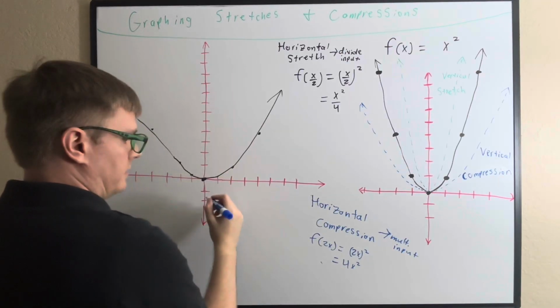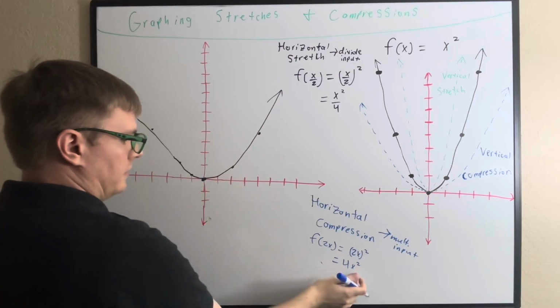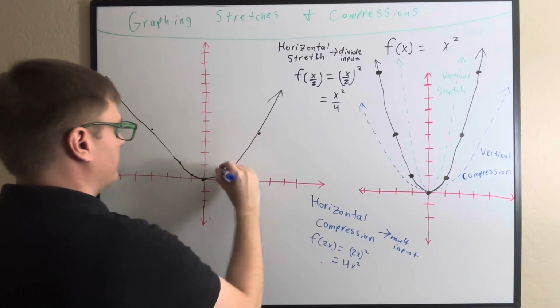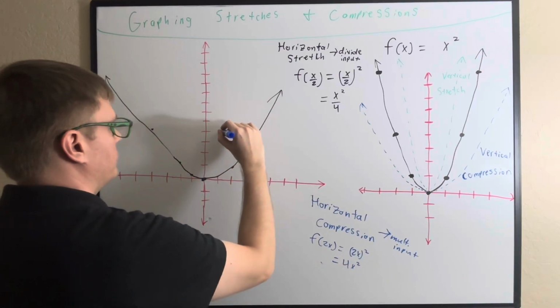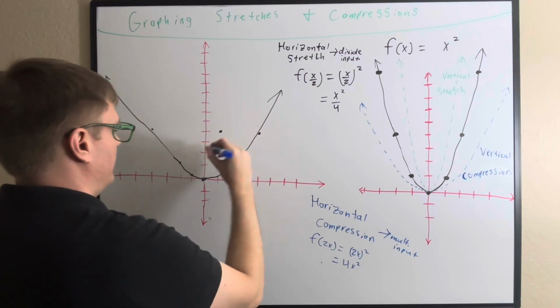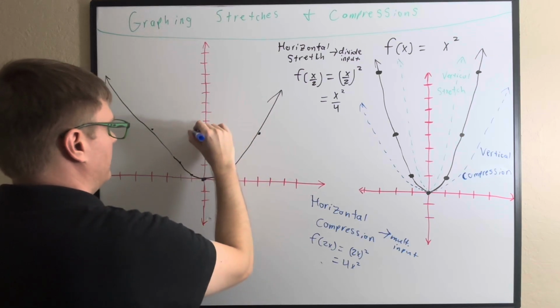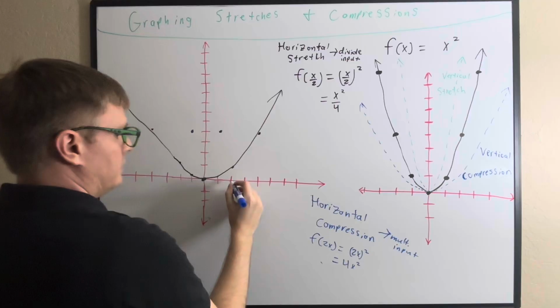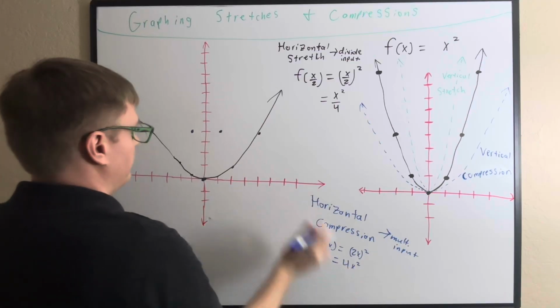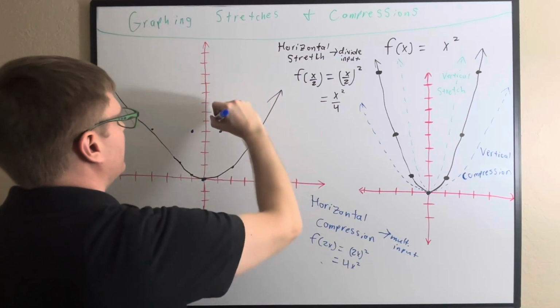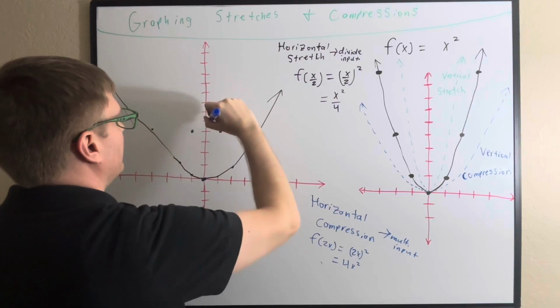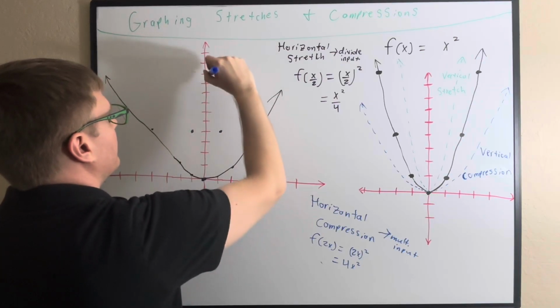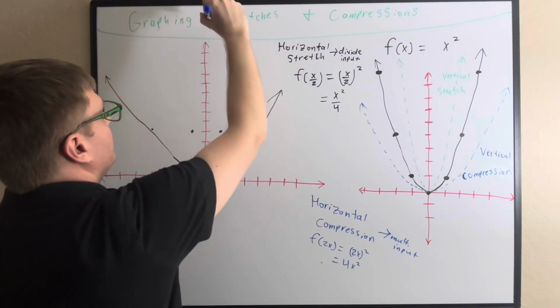Start at the 0, 0, yeah. 1 squared is 1 times 4. Ooh, 1, 2, 3, 4. That shot right up there, didn't it? Okay, 2 squared is 4 times 4 is 16. What the? 14, 15, 16.